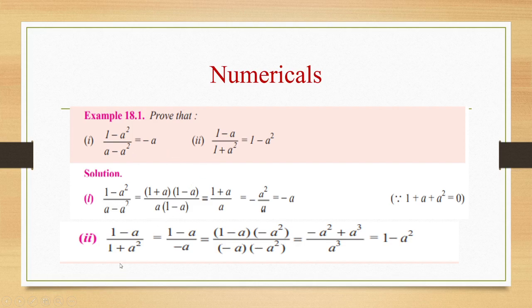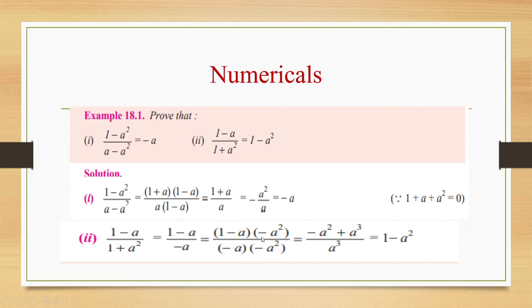(1 minus a) by (1 plus a squared), we can write this as 1 minus a divided by 1 plus a squared, which from this equation can be written as minus a. So 1 minus a in the numerator as it is, and in the denominator 1 plus a squared can be written as minus a. Dividing the numerator and denominator by minus a squared, we get (1 minus a) into minus a squared divided by minus a into minus a squared.